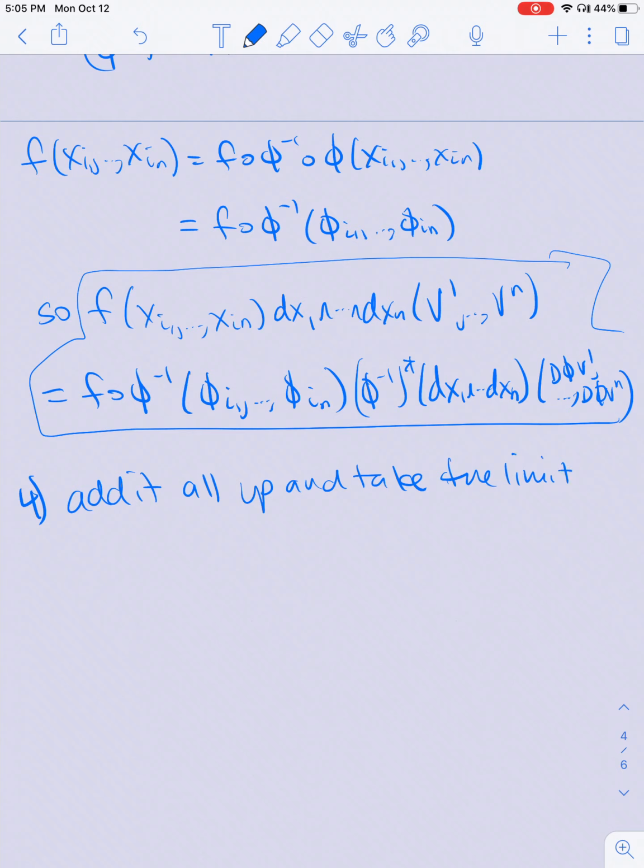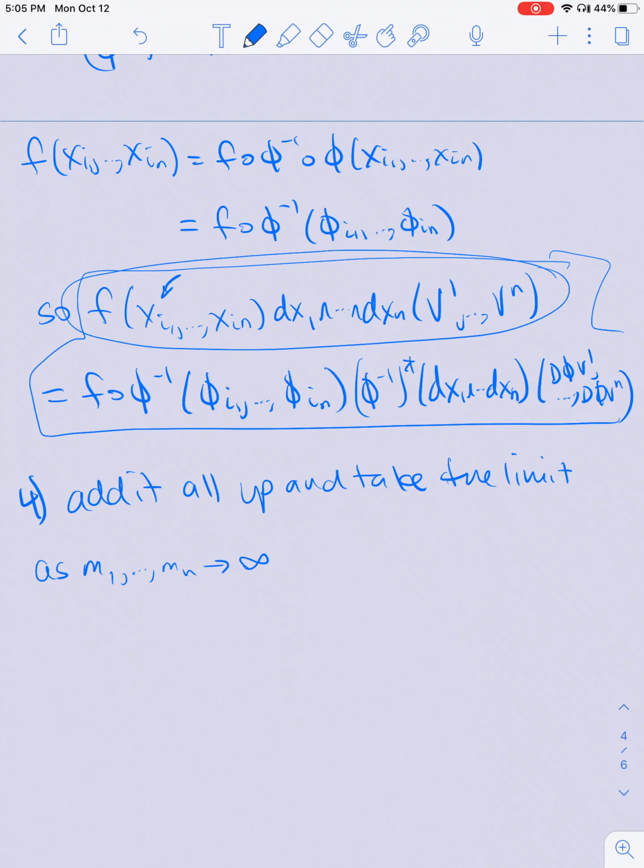When we add this all up over all xi1 through xin, and we take the limit as m1 through mn go to infinity. Remember, m1 was the number of xi1s I had, and mn is the number of xins I had. We get, on the one hand, the integral over r of f dx1 wedge all the way out to dxn.